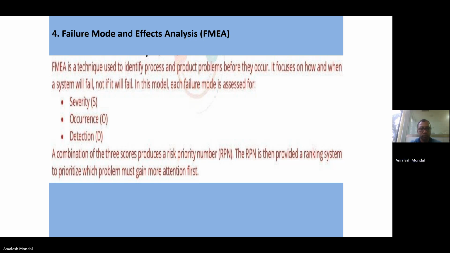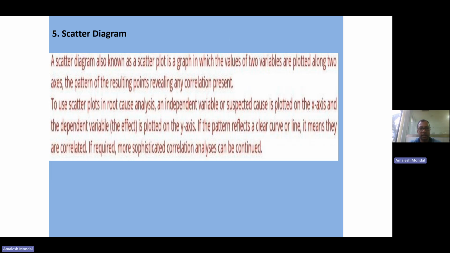Now, this one is the scatter diagram. Scatter diagram, also known as scatter plots, is a graph in which the values of 2 variables are plotted along 2 axes, the pattern of the resulting points revealing any correlation present.